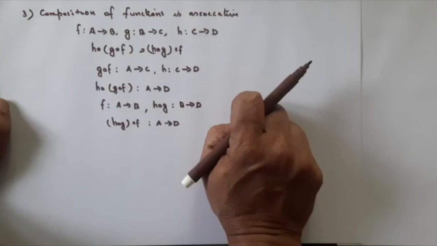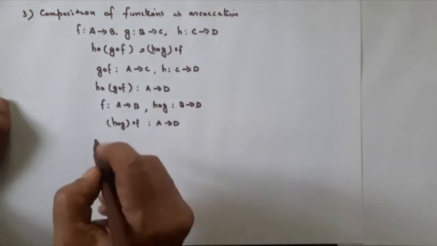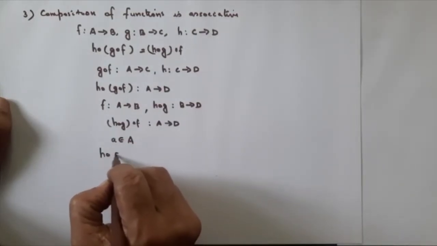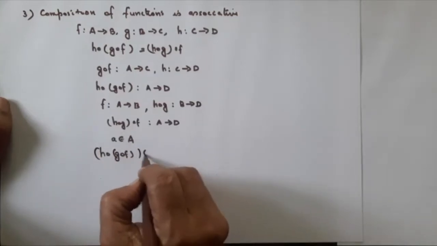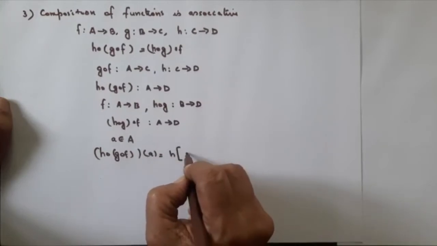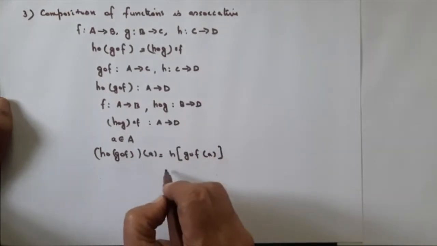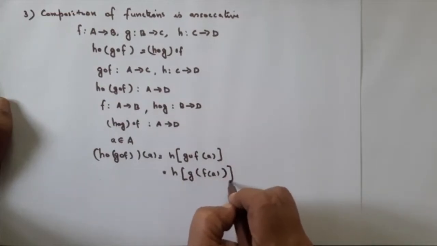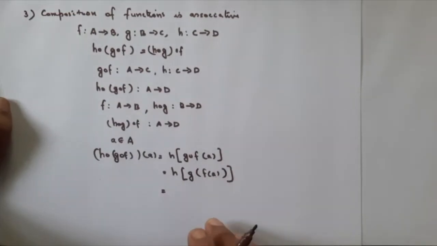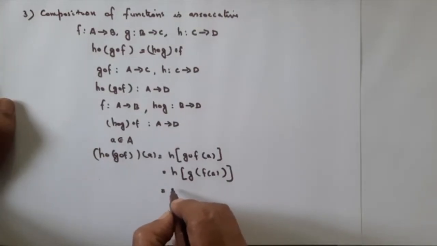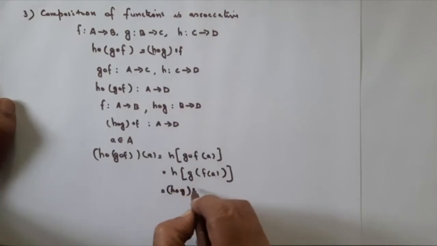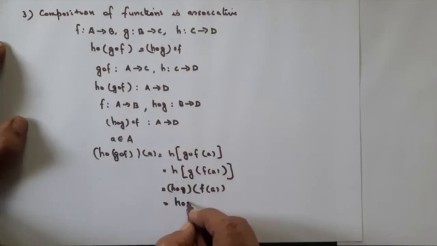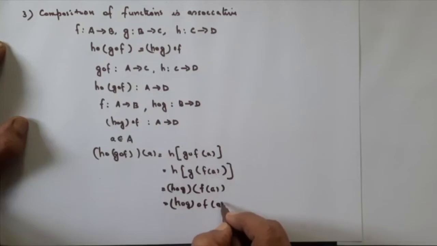Now, let us discuss their effects. Let small a belong to capital A. Then (h dot g) dot f of a equals h of (g dot f of a), which equals h of g of f of a, which equals (h dot g) of f of a, which equals h dot g dot f of a.